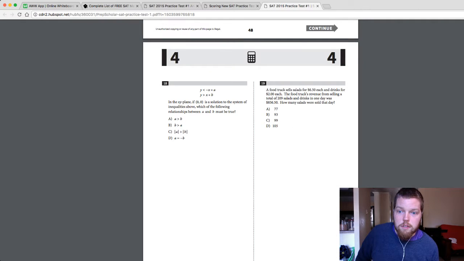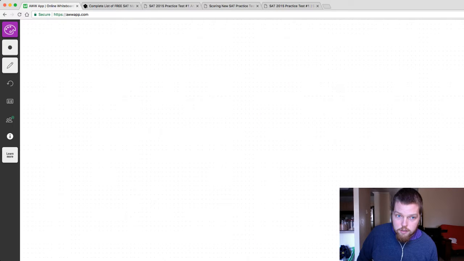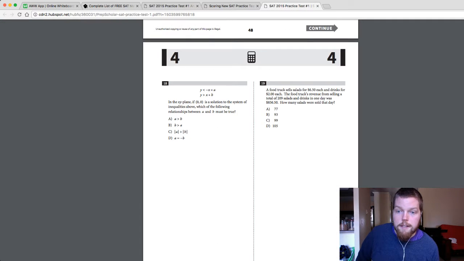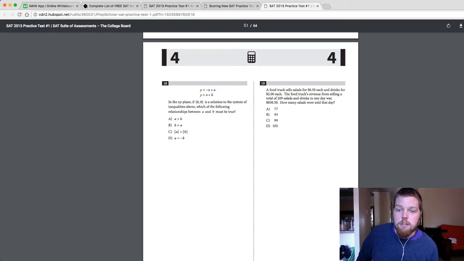So we will concentrate on salads. So $6.50 salad, drink is $2. 6.5 S. That S and the 5 look similar. So let's use G for greens, because salads have greens and G doesn't look like a number. $6.50 for greens and a drink for $2.